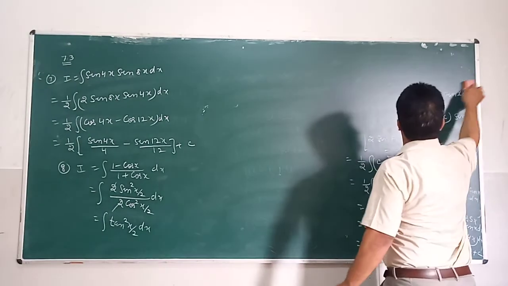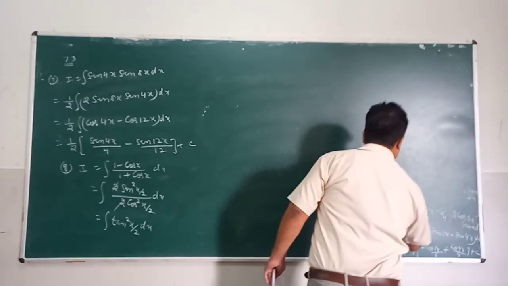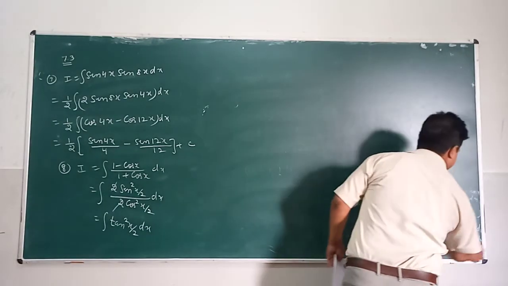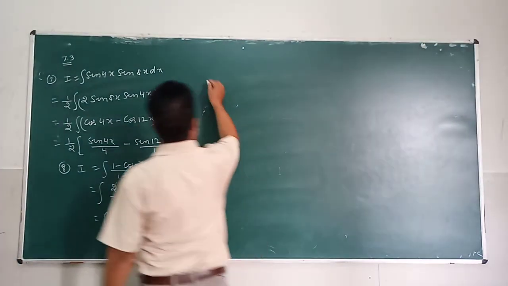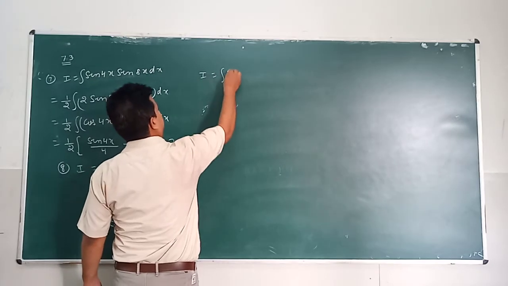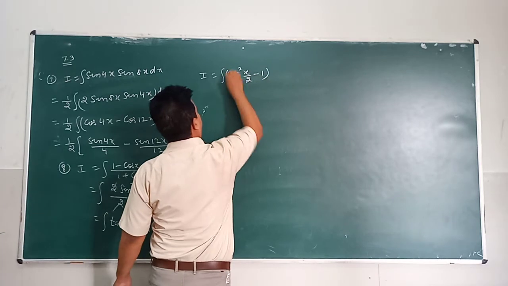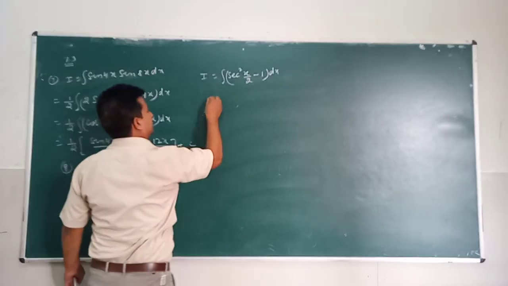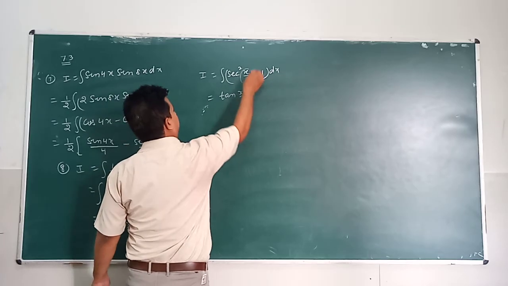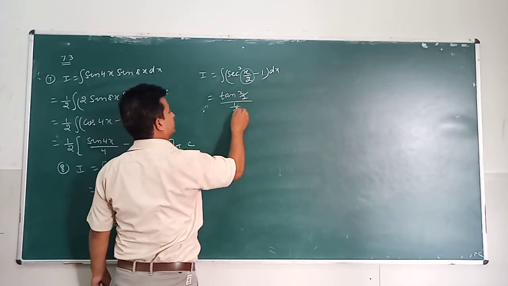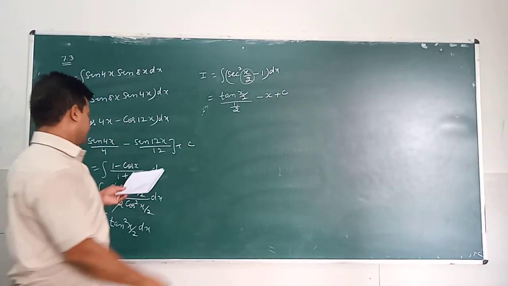So first we convert tan square x into secant square x minus 1. So this equals the integral of secant square x upon 2 minus 1 dx. Integration of secant square is tan x upon 2 divided by the derivative of this, which is 1 upon 2. Integration of dx is x.